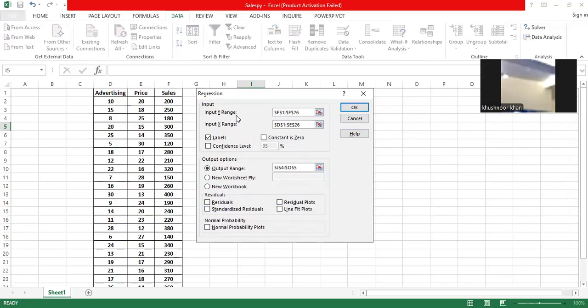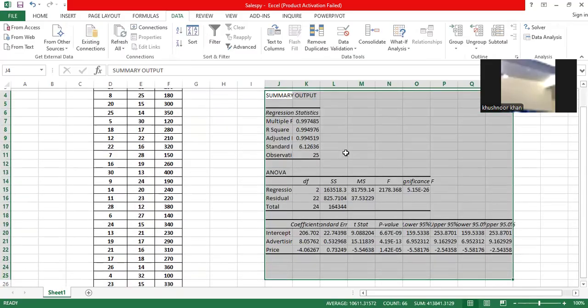So in this dialog box, first we have to input the Y range, meaning the dependent variable, input the X range, that is independent variables, it can be 2 or 3 or 1, all of them at the same time, then labels, output, and then click here and highlight some of the cells. That's all. Okay, let's see what happens.